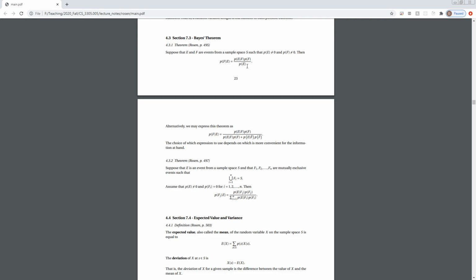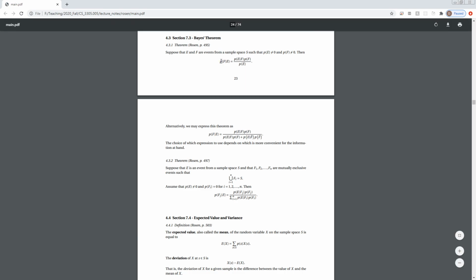There are multiple ways to interpret what is happening here. But the key feature of this theorem is that it relates the conditional probability of F given E to the probability of E given F. You can also see symmetry if you move this term over here, and you see the probability of F given E times the probability of E, and the probability of E given F times the probability of F.